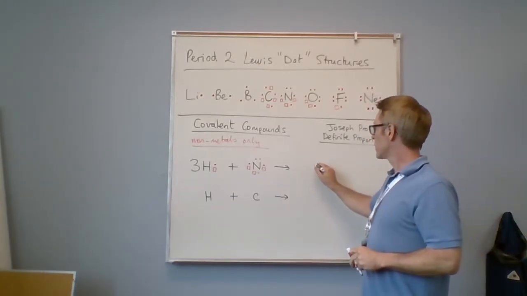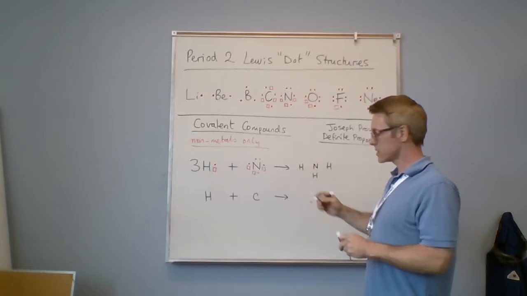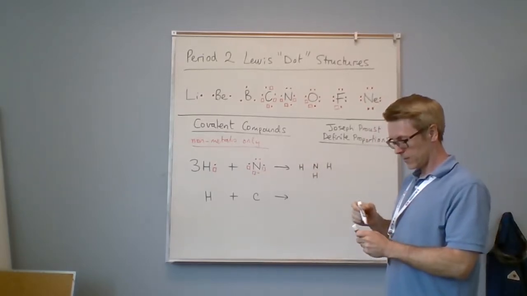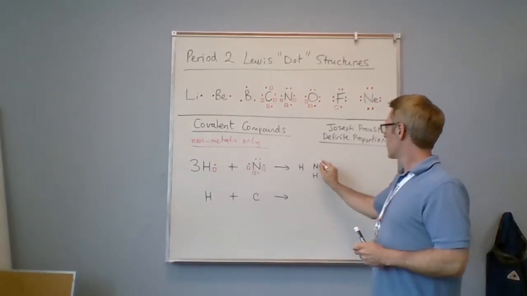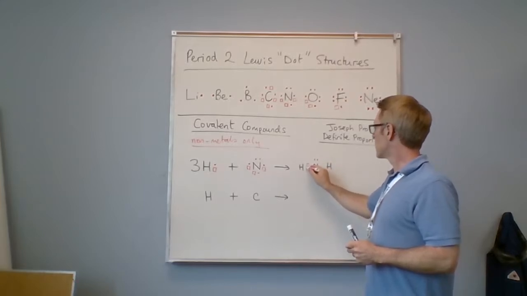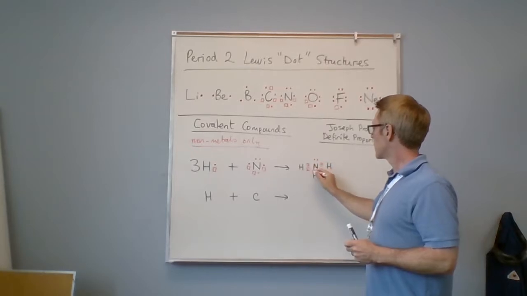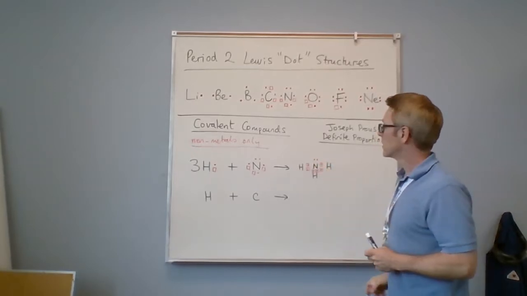So I would have nitrogen and 3 hydrogens. My nitrogen now has eight electrons around it.